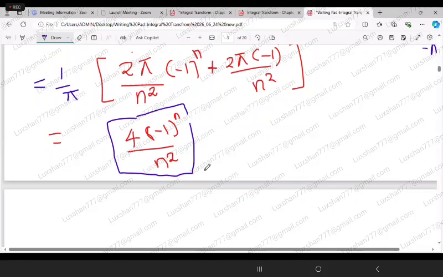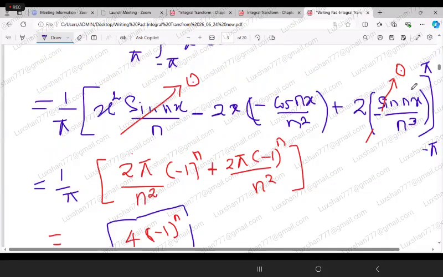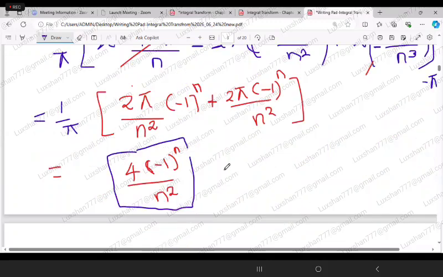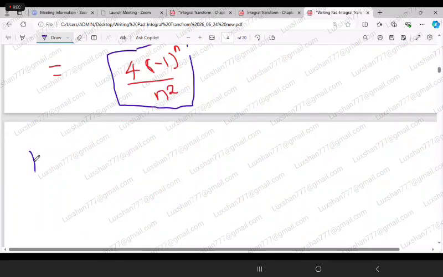Anyway, check the answer. Do you understand why this became 0? Because if you substitute pi, sine n pi is equal to 0. Even if you substitute minus pi, that time also it is 0. Therefore, sine terms become 0 when you substitute pi, even minus pi. So this is the answer. Similarly, we have to find bn.